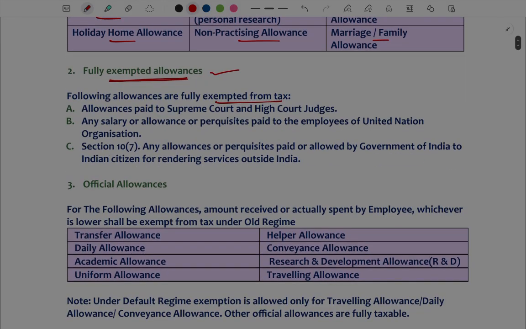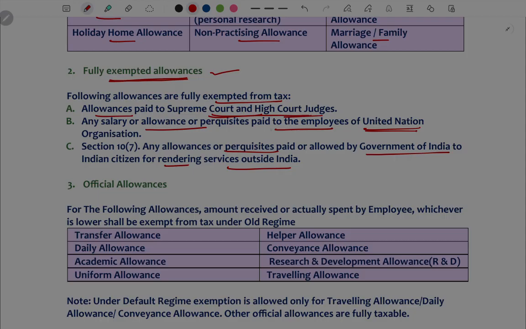Here, the allowance you pay to a Supreme Court or High Court judge, any salary, allowance or perquisite paid to an employee of the United Nations, and any allowance or perquisite allowed by the Government of India to an Indian citizen for rendering service outside India. So any allowance paid to a Supreme Court or High Court judge would be fully exempted. If you pay any perquisite to an employee of the United Nations, it will be fully exempted.